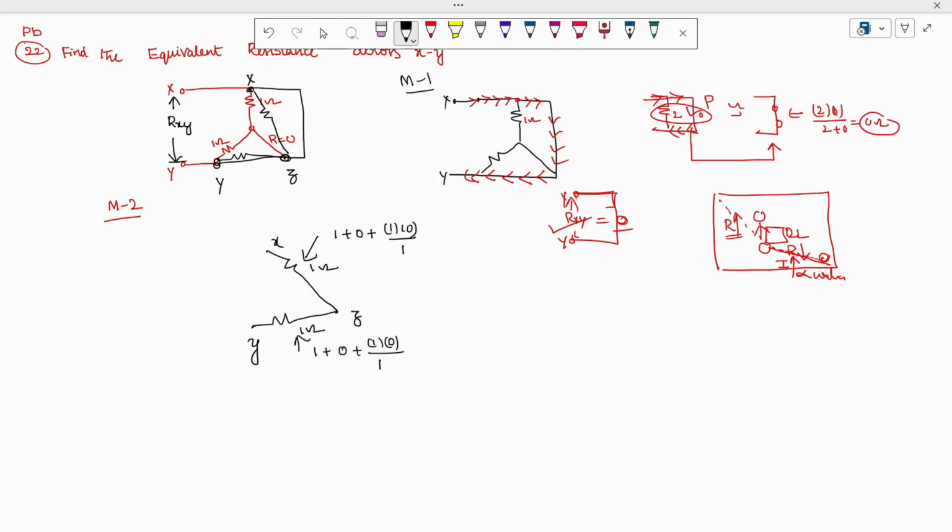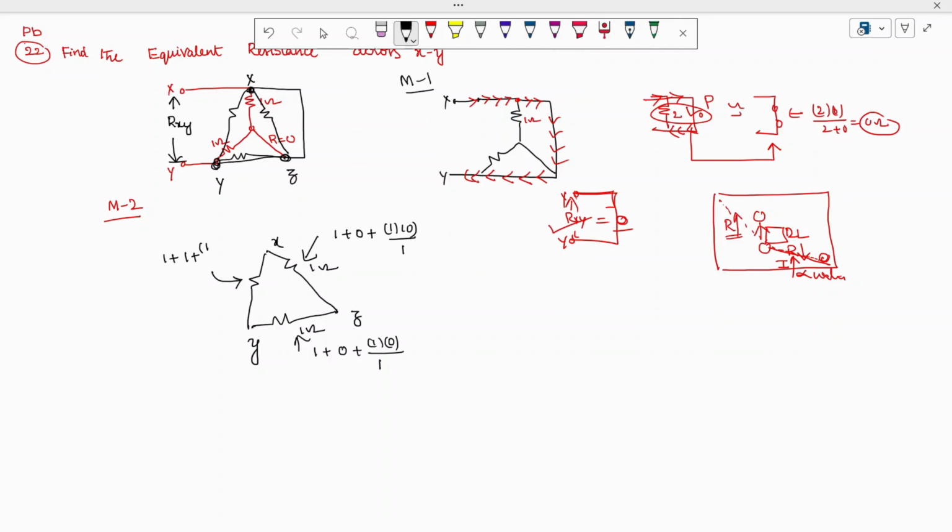This black resistor is connected between X and Y. So the value of this resistor is: the first value is 1, and the other is 1, plus 1 into 1 divided by 0. Anything divided by 0 is infinity.